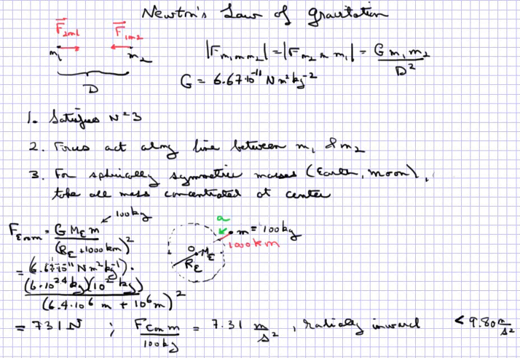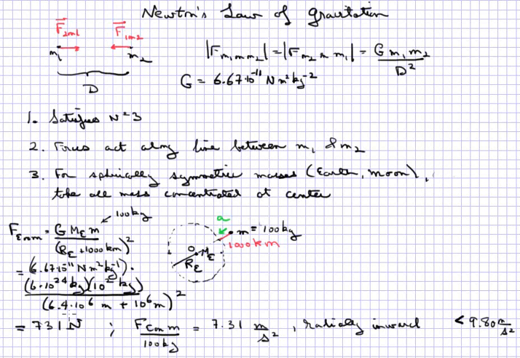And so the Newtonian gravitational law would give me G, 6.67 times 10 to the minus 11, and I'm doing this on two lines here, times the mass of the Earth, 6 times 10 to the 24th kg, times the mass of the object, 10 to the 2 kg, divided by the distance squared. We have to use meters to get the units right.